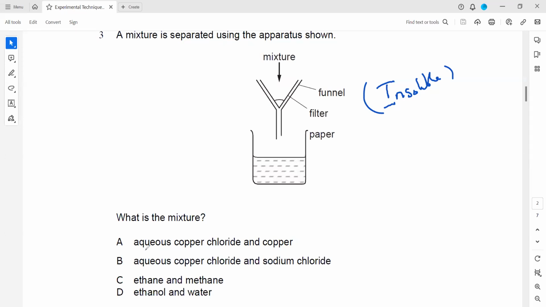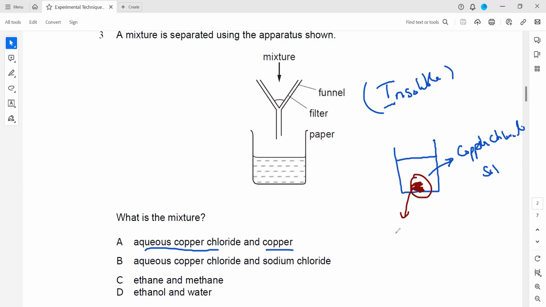Aqueous copper chloride, what does it mean? Like you have a copper chloride solution, and it contains copper metal as well. So when we carry out filtration, on the filter paper, what will happen?